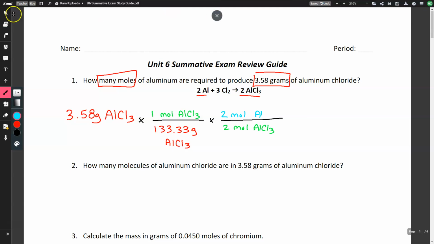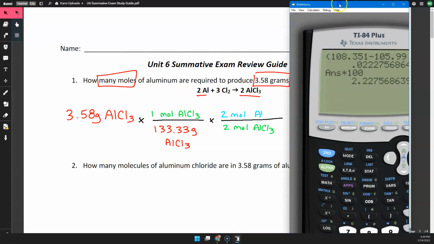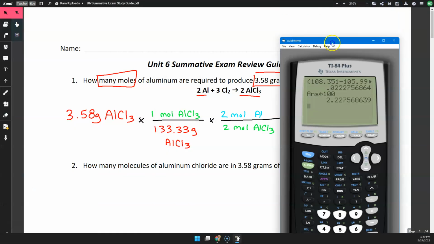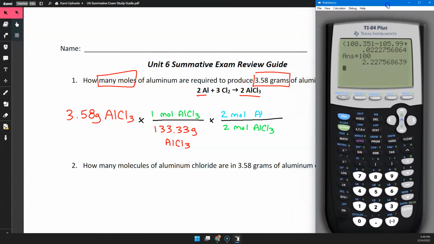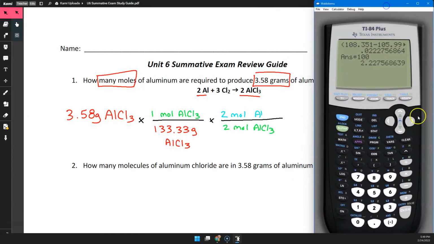Okay, these calculations can be somewhat tricky. So I'm going to do maybe the first couple on a calculator here, so we can get familiar with entering these. My recommendation is when you're putting these in your calculator to do it in steps and not try to do the whole thing. So 3.58.